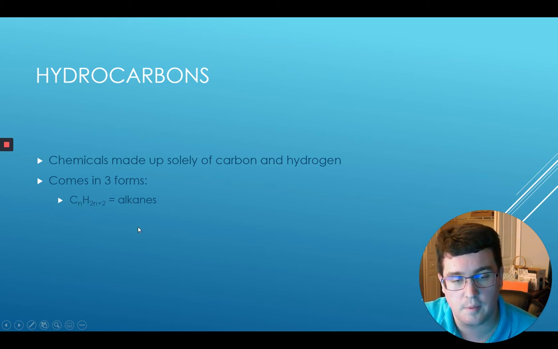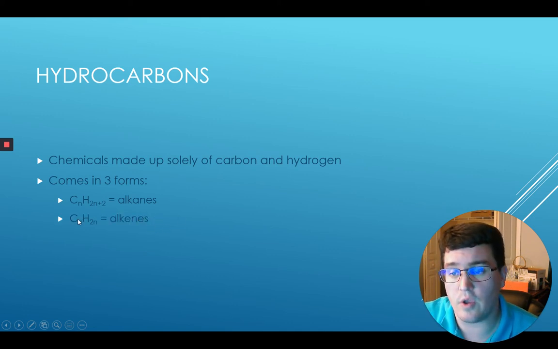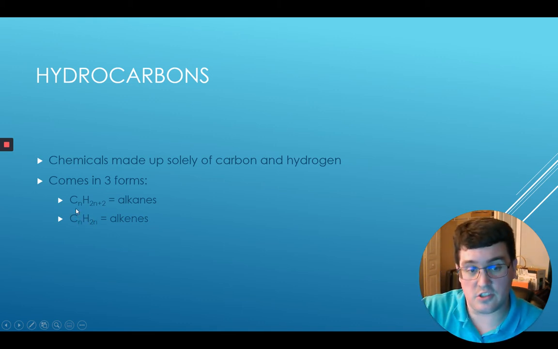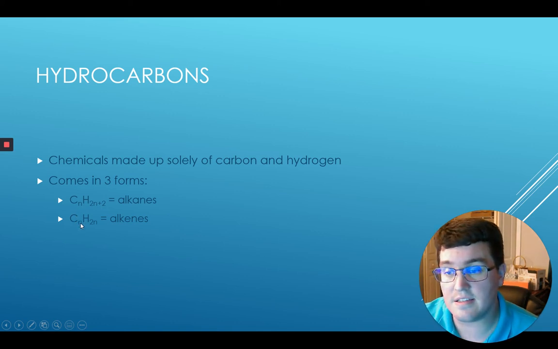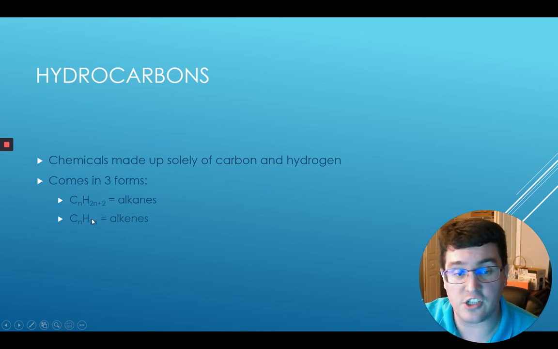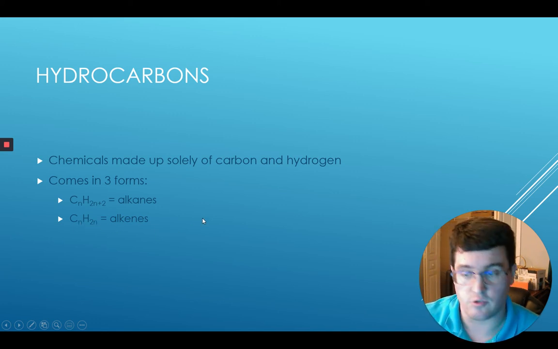C2H6 would be the formula for an alkane. There are alkenes, where you have the number of carbons doubled, and that gives you the number of hydrogens. So, for example, using our C2 example, it would be C2H4, right? Because that would be twice the number of carbons in hydrogen.